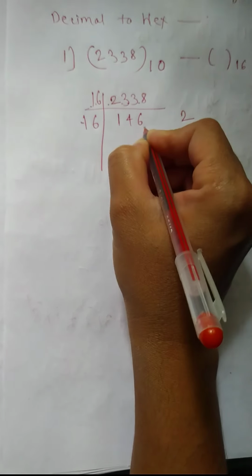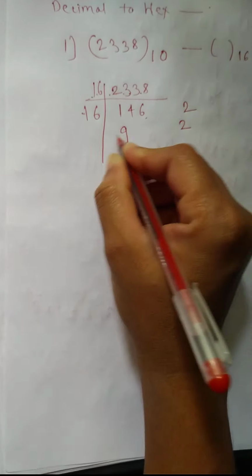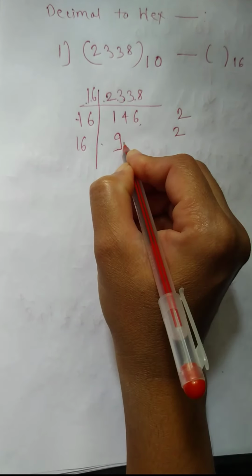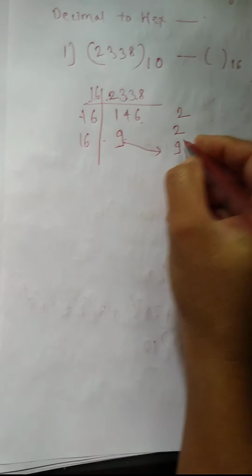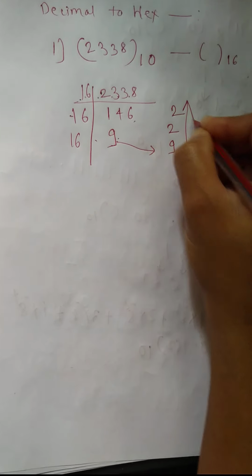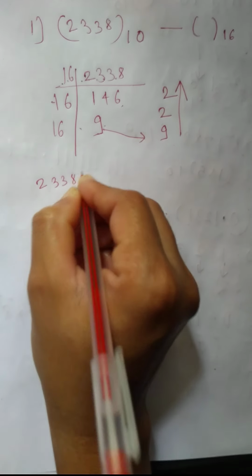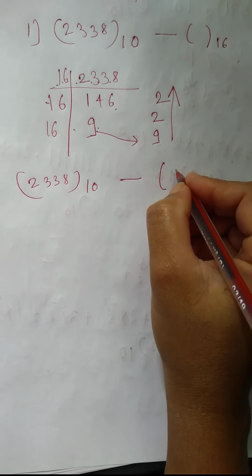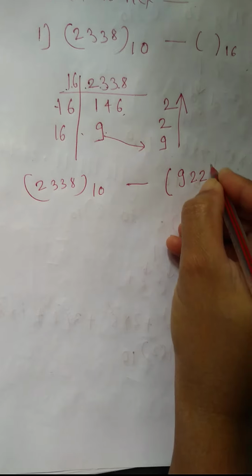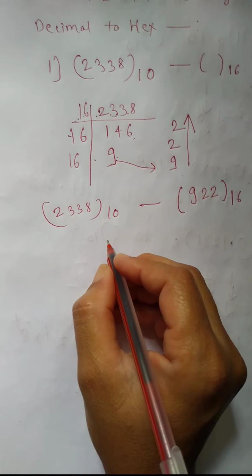Again 146 is divided by 16, there is a 9 and the remainder is 2. The 9 is not divisible by 16, so this 9 is recorded in the answer. For an integer number we record the answer from bottom to top. So the decimal number 2338 is converted to 922 in hexadecimal. That is the conversion decimal to hexa.